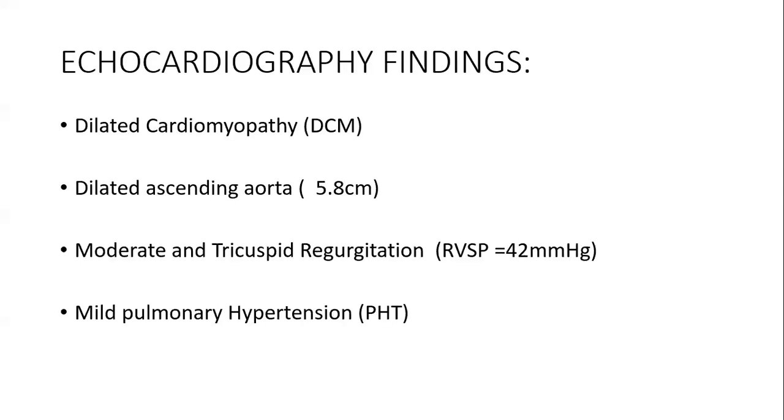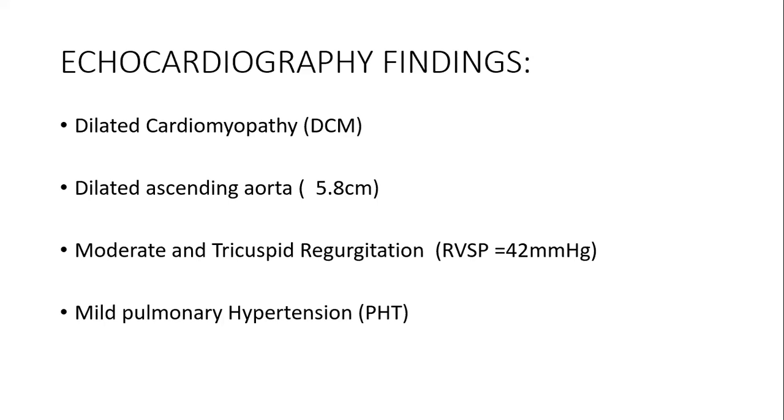So these were the echo findings. On echo, there was dilated cardiomyopathy and a dilated ascending aorta, measuring 5.8 as you can see. As you know, the normal measurement for the proximal abdominal aorta is not supposed to be more than 2.5; some literature will tell you 2.7.